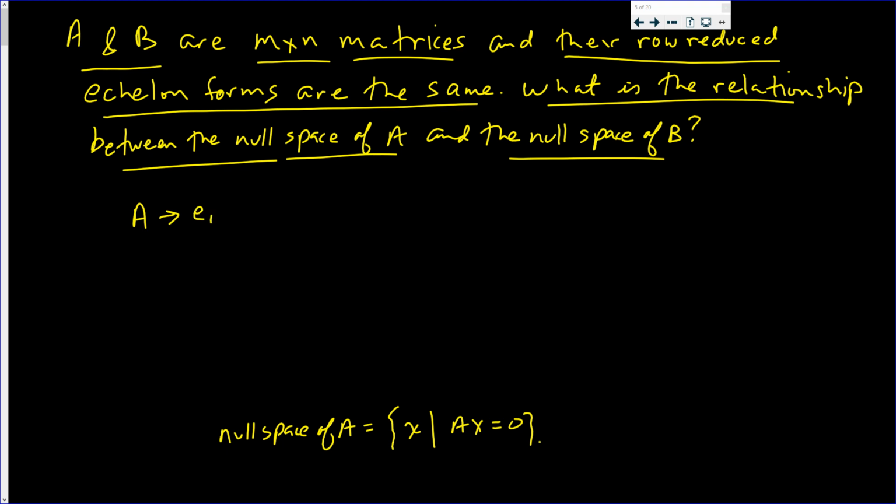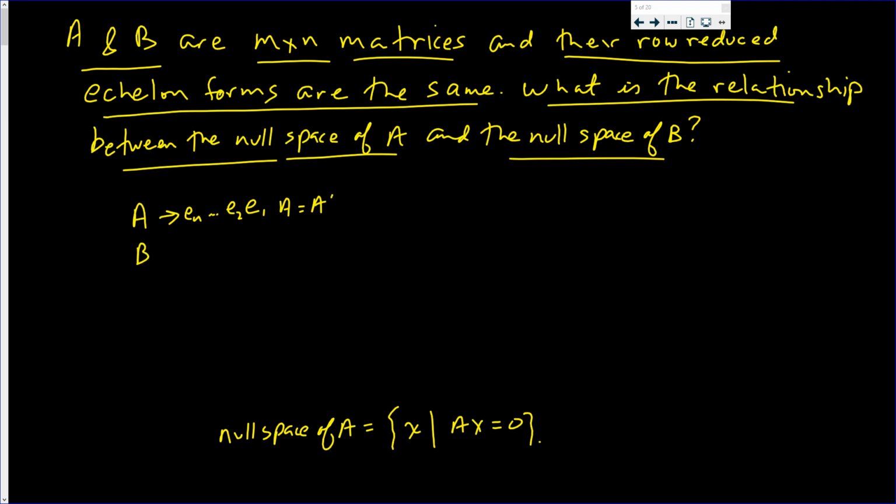Well, let me write it the other way. You perform elementary row operation 1, and then 2, and eventually the nth one. And when you multiply that by A, we'll call it A prime.